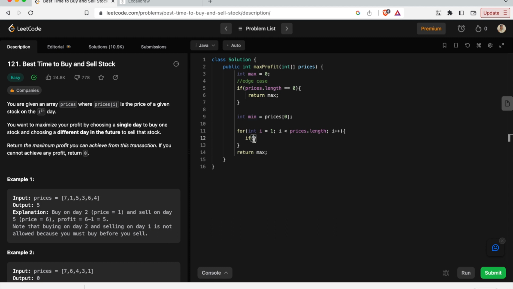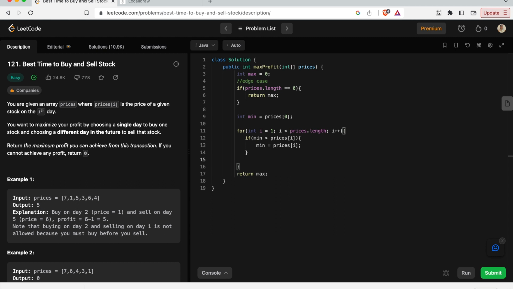So if prices[i] is less than the minimum element, I have to update the minimum element with the current value, so my minimum will become the array element wherever my for loop's ith element is.